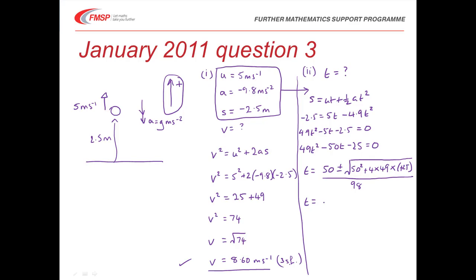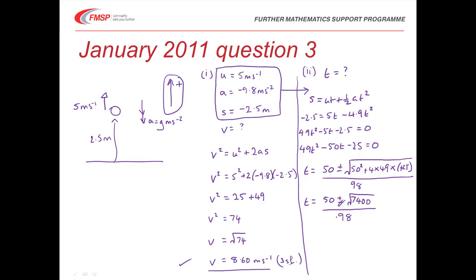t therefore is equal to 50 plus or minus square root of, now that comes to 7,400. And you can see from the line above that it's the square root of 50 squared plus something. So once you take 50 squared, add something, and then square root it, it's definitely going to be bigger than 50. That means I don't need to consider that negative solution.